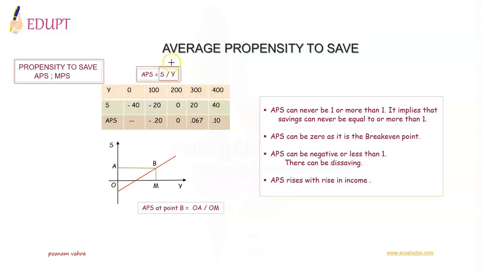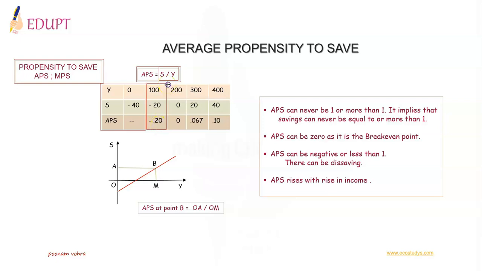Now let's understand this with the help of the small table. When income is 0, savings is minus 40, APS cannot be defined. When income is 100, savings is minus 20, APS would be S by Y, minus 20 by 100, that is minus 0.20.